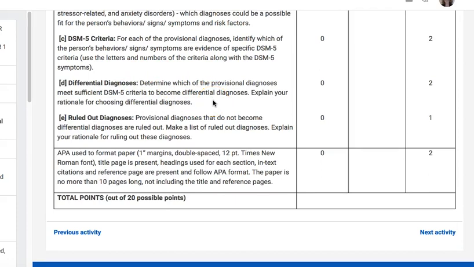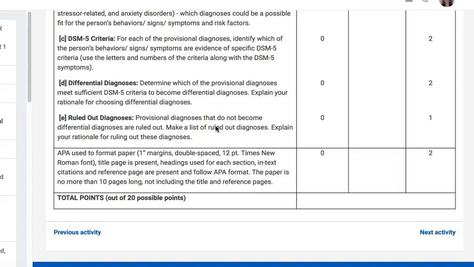Now, they could have 2 diagnoses that meet the criteria. They're both differential diagnoses. And you're going to explain your rationale for choosing these differential diagnoses. So here you're listing the criteria that they've met. Here you're discussing that. You're not taking the criteria and listing it in here. This is where you're going to make your explanation for why you chose those diagnoses.